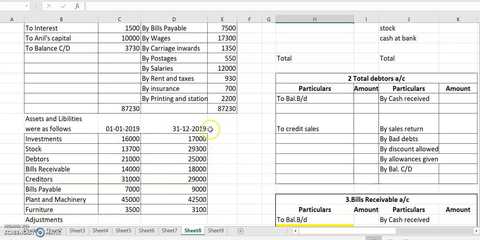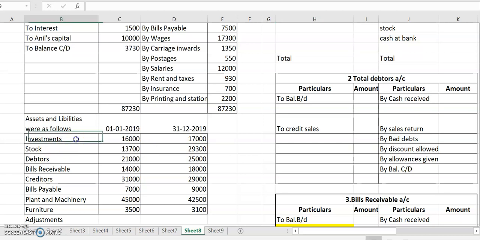Then this is the closing balance, which we use for recording your closing balance sheet. At that time we say it is your balance sheet, but for the opening date, whatever we record, we continue to call it the opening statement of affairs.